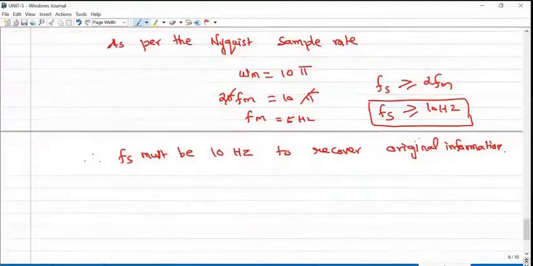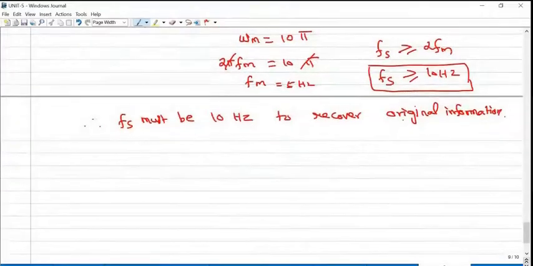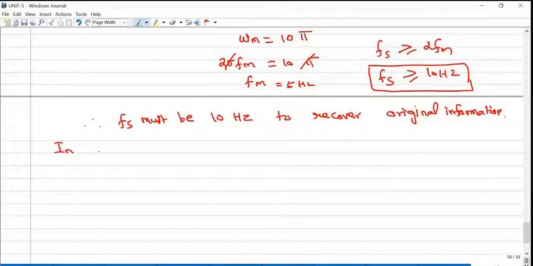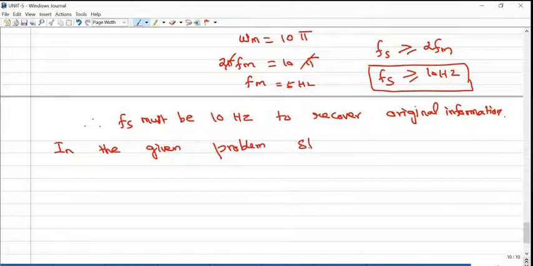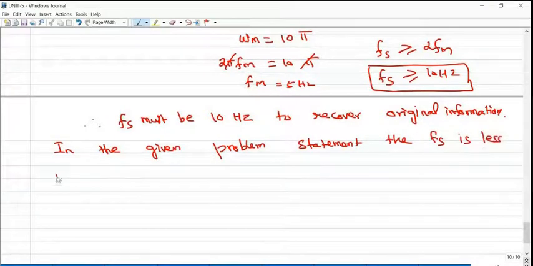So in the given problem statement, the Fs is less than the Nyquist sample rate.